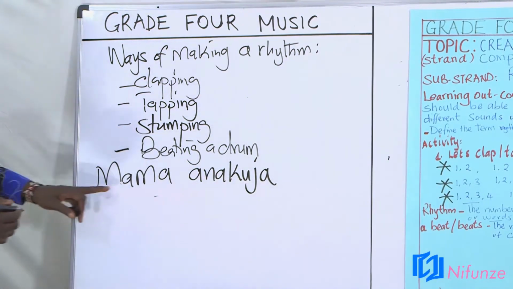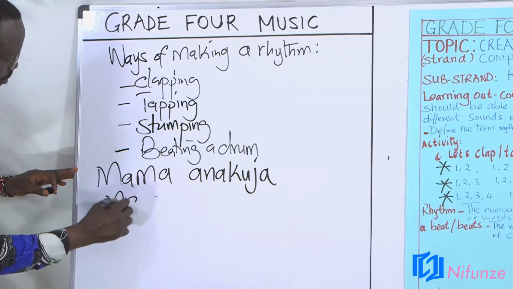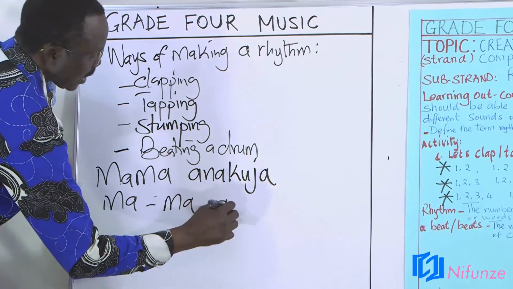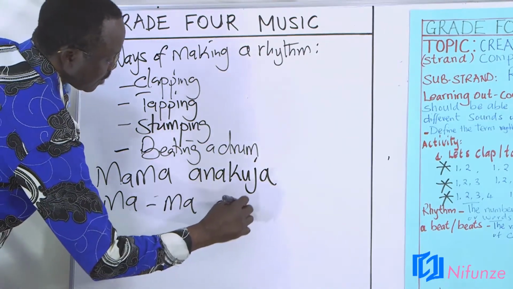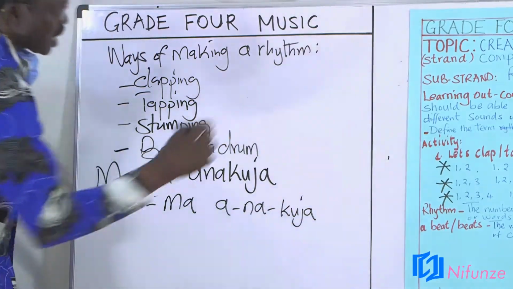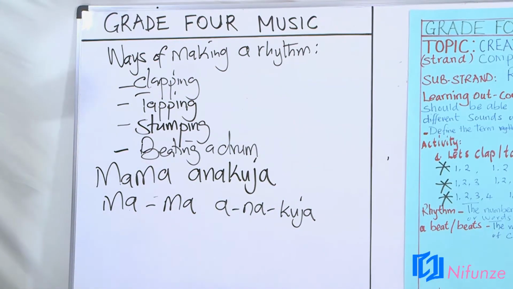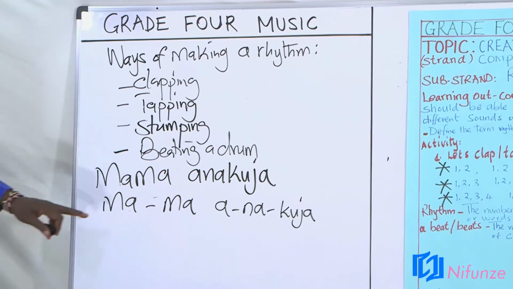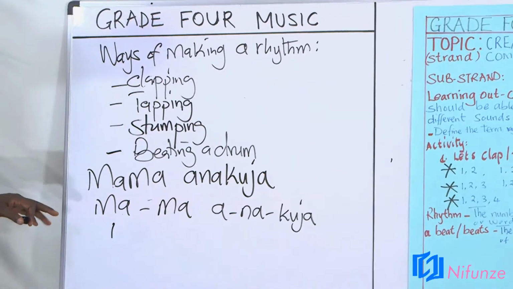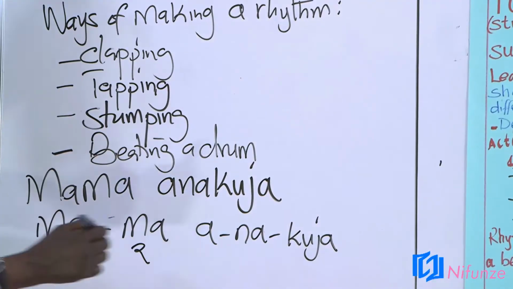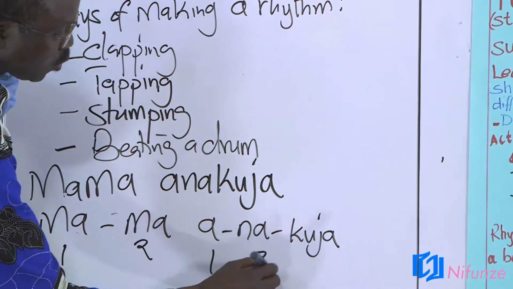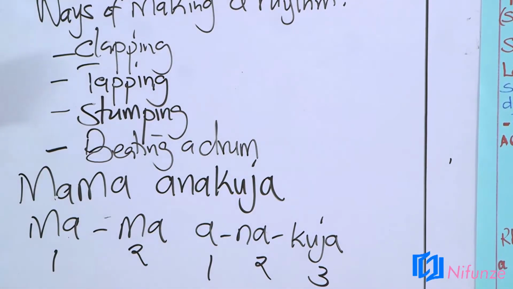The first one is ma, ma, a, na, kuja. Can you see what I'm writing on the board? The first one is ma. Ma is 1, and we clap it as 1. Then 2, and then 3.